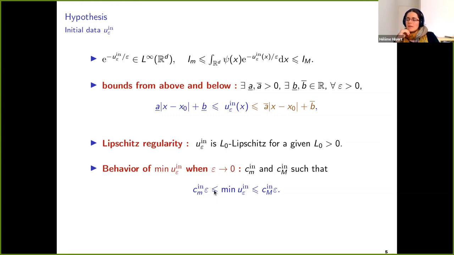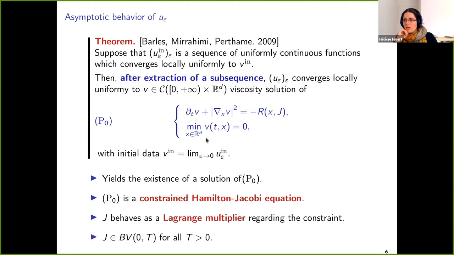And as I said, when epsilon goes to 0, we expect that the minimum of U is 0, so we suppose that this is also true for the initial data. Well, and under these assumptions, there is this result coming from this paper in 2009.